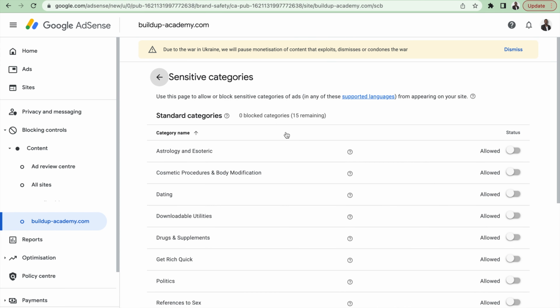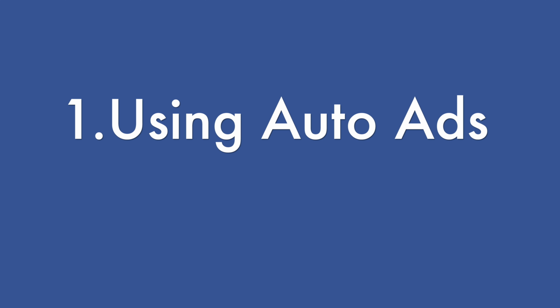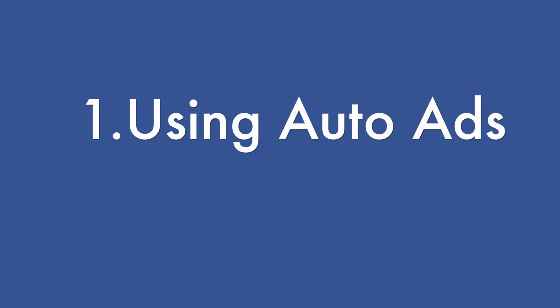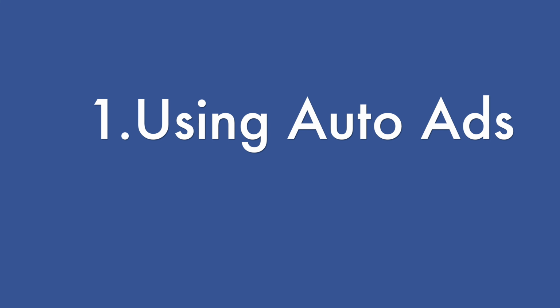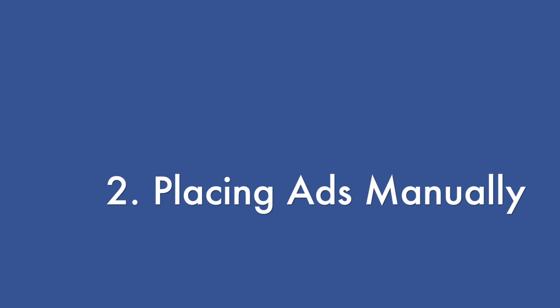Great, so that's it. We've been able to look at 3 different methods of placing ads on our site. So just by way of recap, first we looked at auto ads, which is a feature that Google AdSense provides. So with that, we explored the various functions and features in there that we could take advantage of if we wanted to have Google place the ads automatically on our site for us.